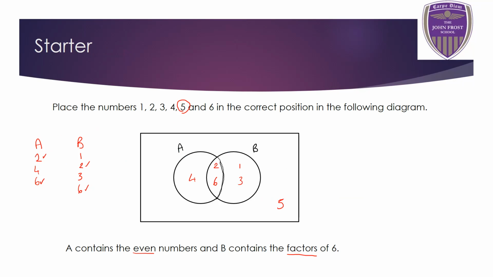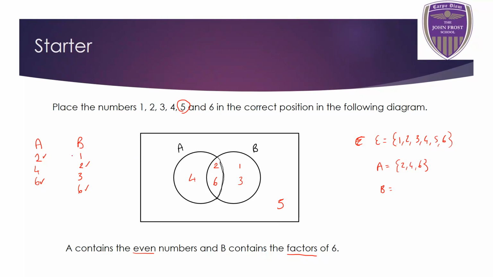So if I go back to the starter question, my epsilon would contain 1, 2, 3, 4, 5, and 6. That contains all our data values, and I could do a subset A. Now A contains the even numbers, so A would contain the numbers 2, 4, and 6.